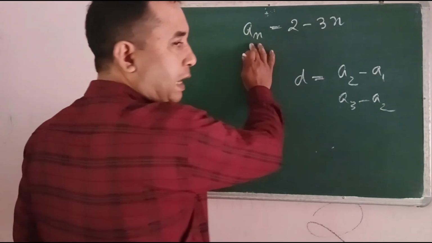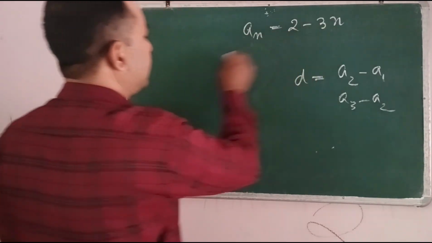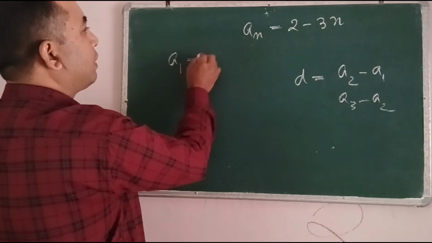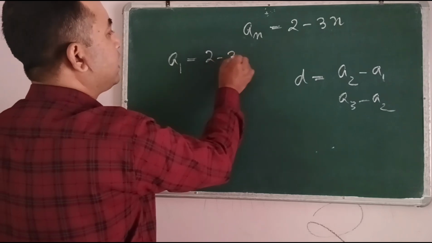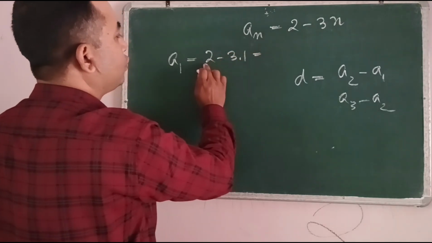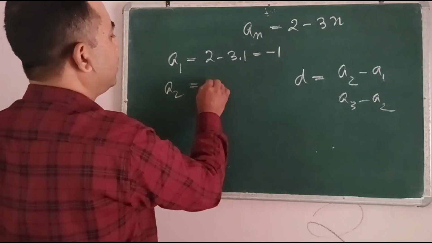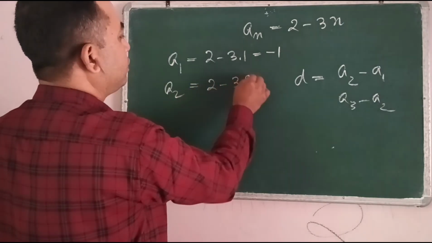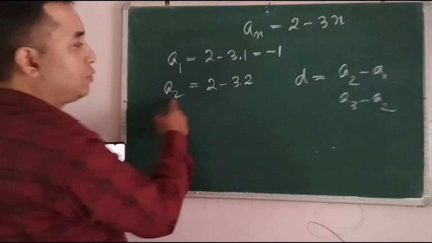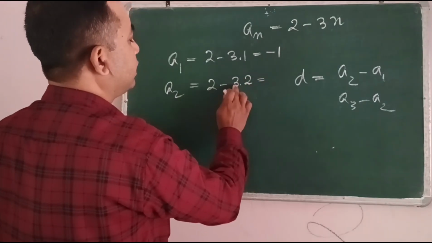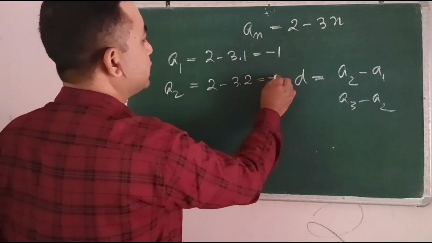Here the nth term is given, an is equal to 2 minus 3n. So a1 is equal to 2 minus 3 into 1, which is 2 minus 3, equal to minus 1. What is a2? a2 is equal to 2 minus 3 into 2, because in place of n we put 2. 3 twos are 6, and 2 minus 6 is minus 4.